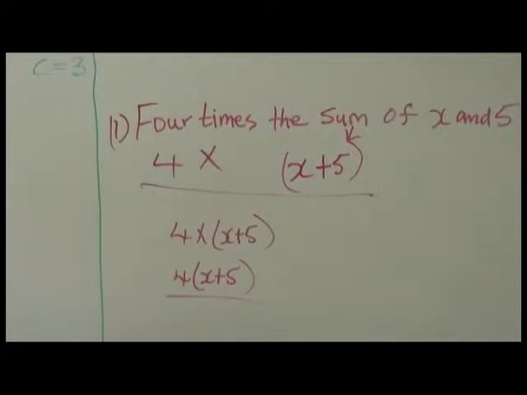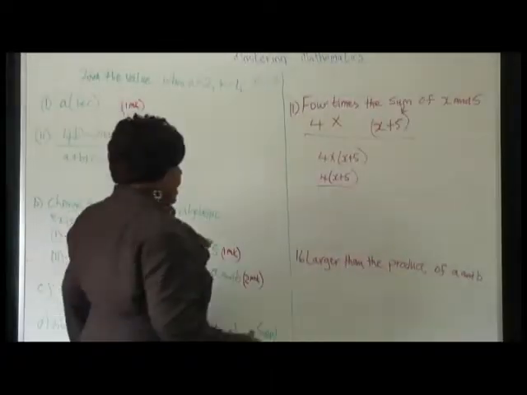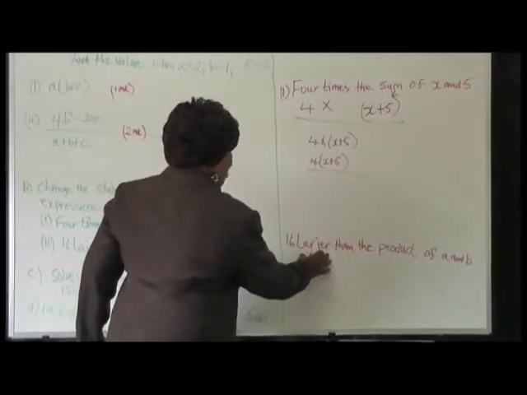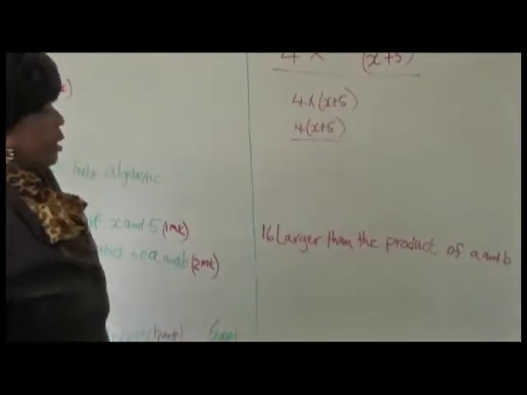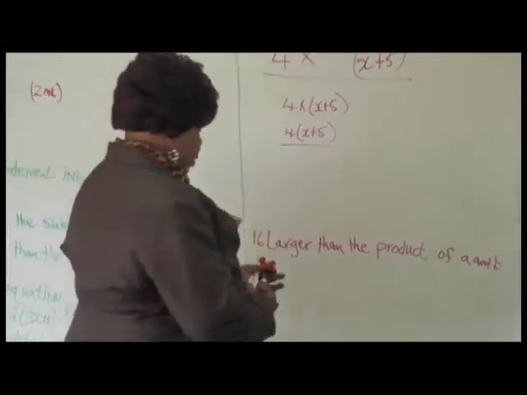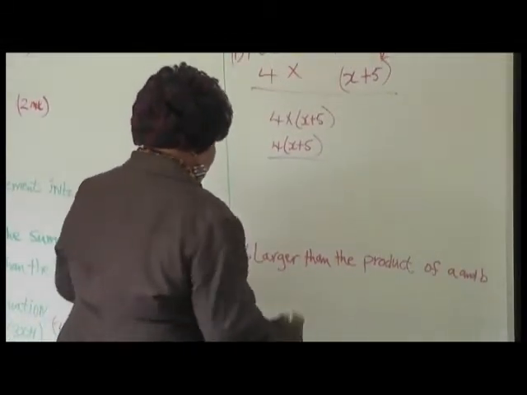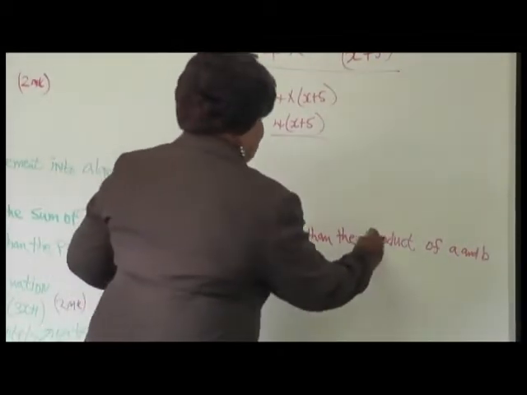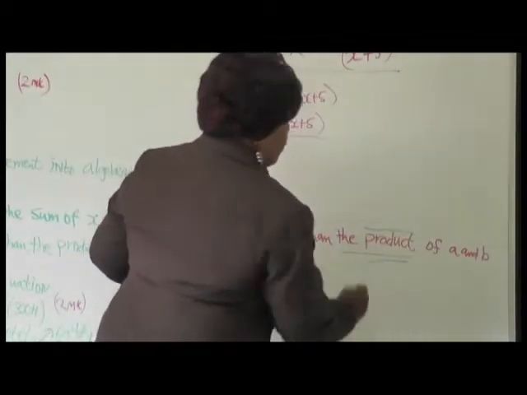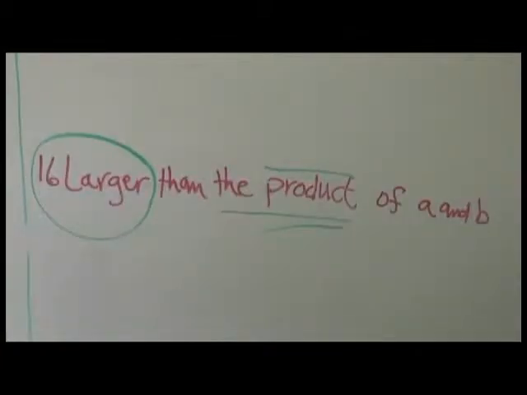Now, let us get down to part 2. It says 16 larger. Larger than what? Look at the terms that we're looking out for. It is 16 larger than this word, the product. What does it mean when we say product?